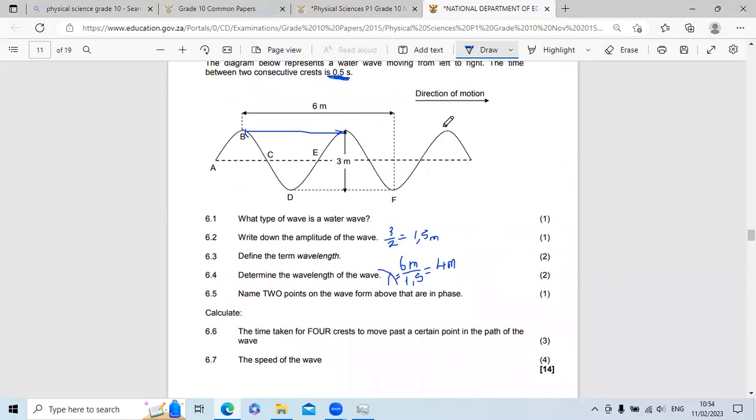So that's going to be 1 crest here, the second crest here, this is the third one, and let's just form our own artificial fourth one here.